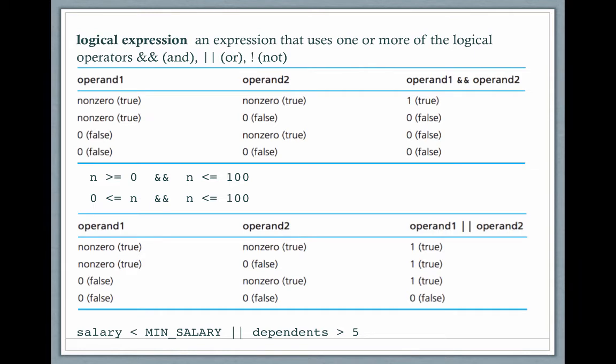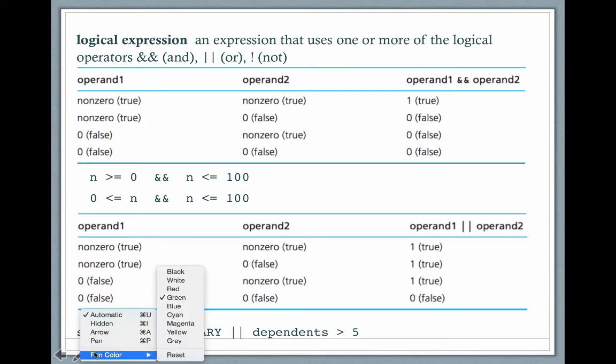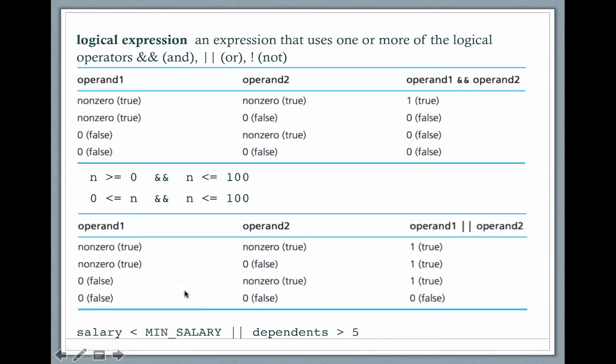So logical and works like this. When you are making an expression, you make a compound expression, and that is comparing more than one thing. So this is an expression, n greater than or equal to 0. This is an expression, and the whole thing together is a logical and expression.